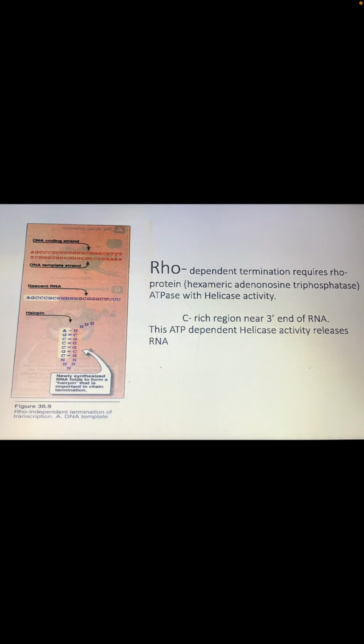So we will be getting the nascent RNA released from the DNA. This ATP dependent helicase activity releases the RNA. So this is the overall concept behind the two types of termination, which are Rho independent termination and Rho dependent termination.